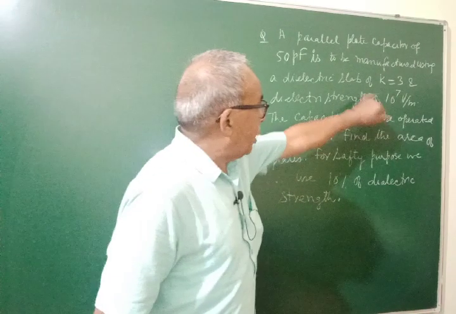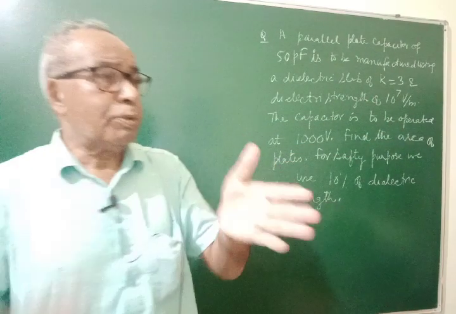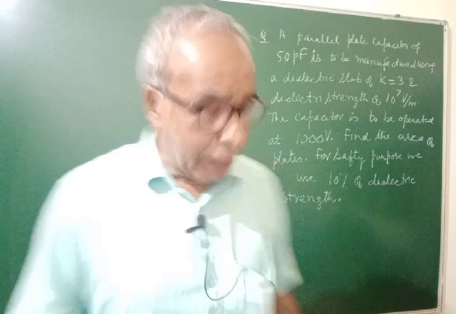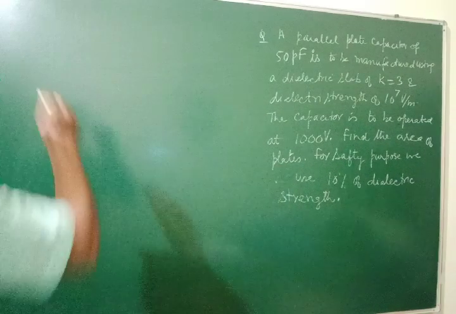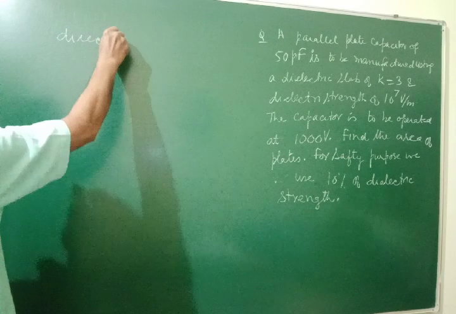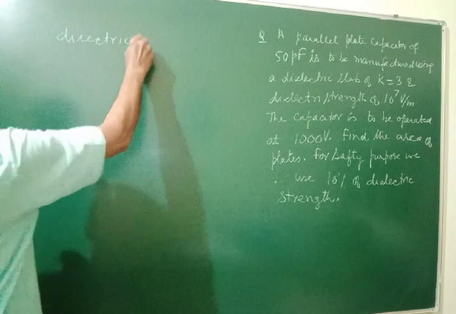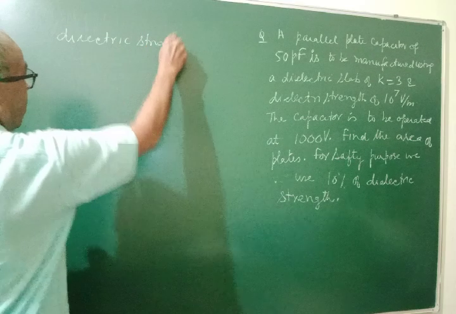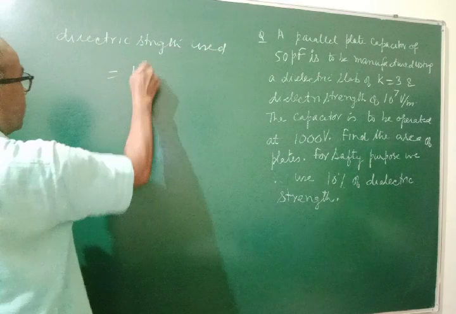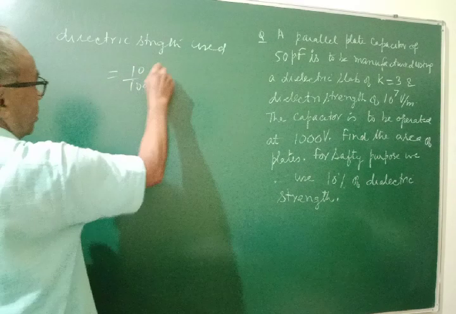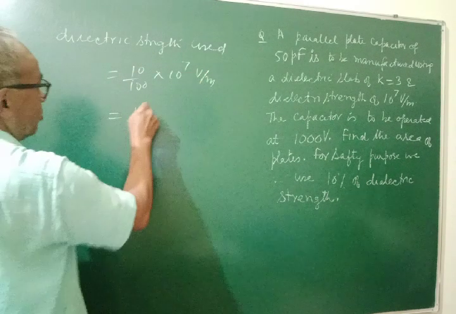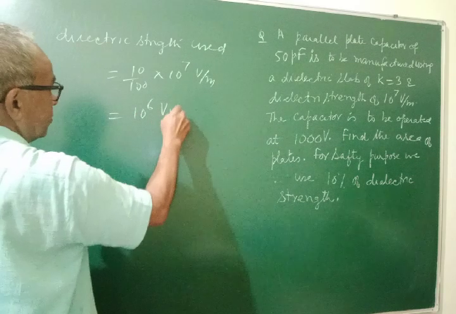And we use only 10%. The capacitor is to be used at 1000 volt, meaning between the plates you have to use 1000 volt potential difference. So the dielectric strength used is 10% of 10 to the power 7 volt per meter, which means 10 to the power 6 volt per meter.